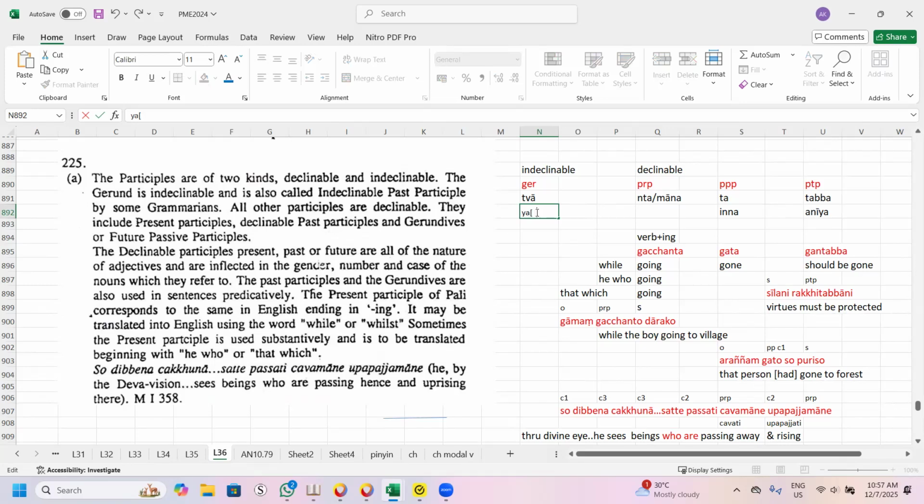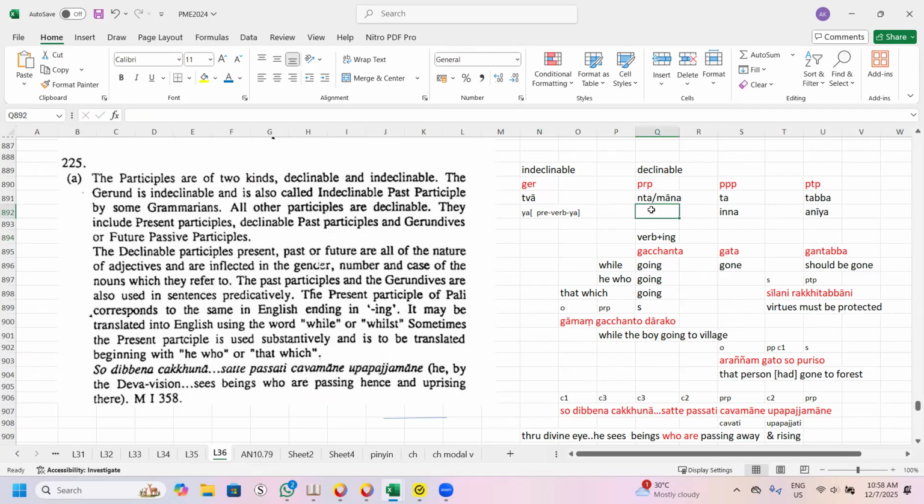Ya is used when there is a prefix plus a verb. The verb has a prefix in front, then at the end you put ya. If the verb has no prefix, then you use tva.